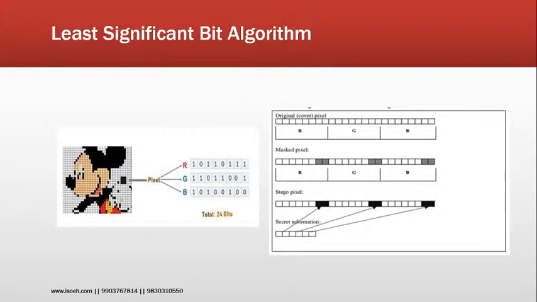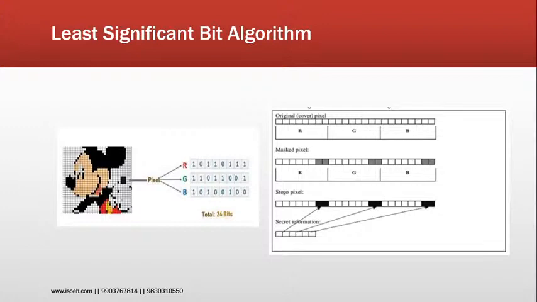So we can use the lower 2 bits of this color or maybe the lower 1 bit of this color channel to hide the data. Okay, so then the maximum color change in a pixel could be of 64 color values or maybe only one color value.